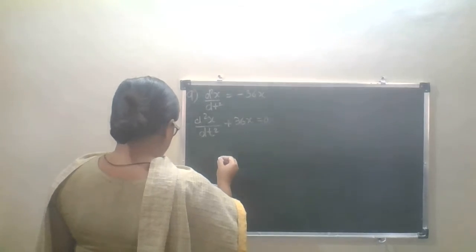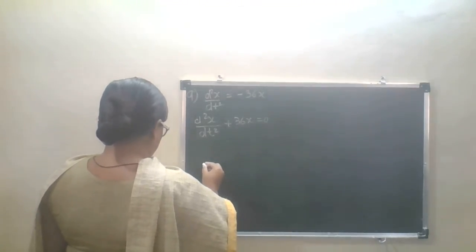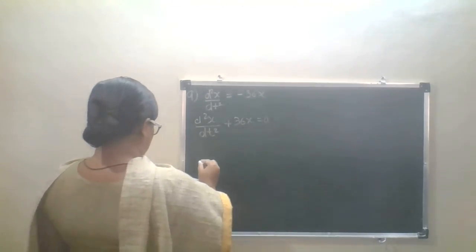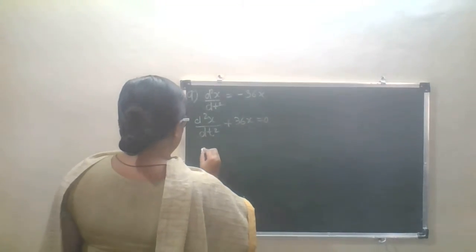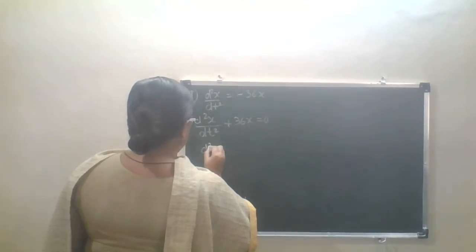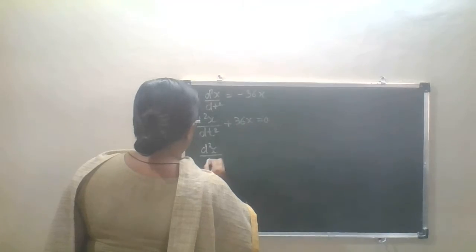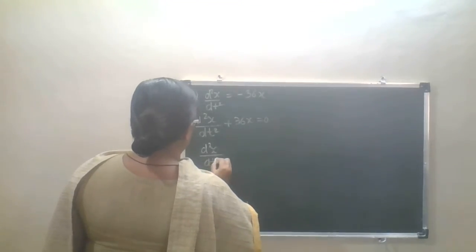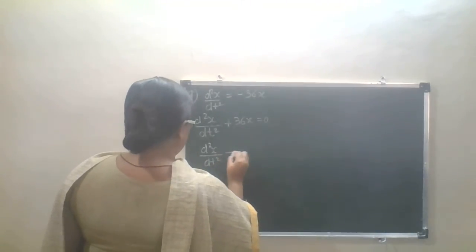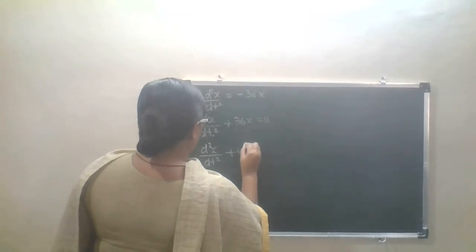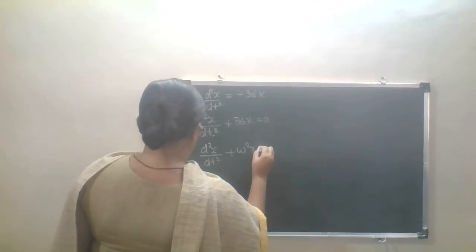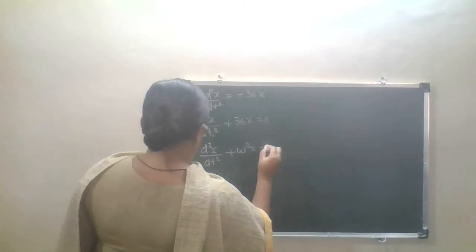Then we know the differential equation as d square x upon dt square plus omega square x is equal to 0.